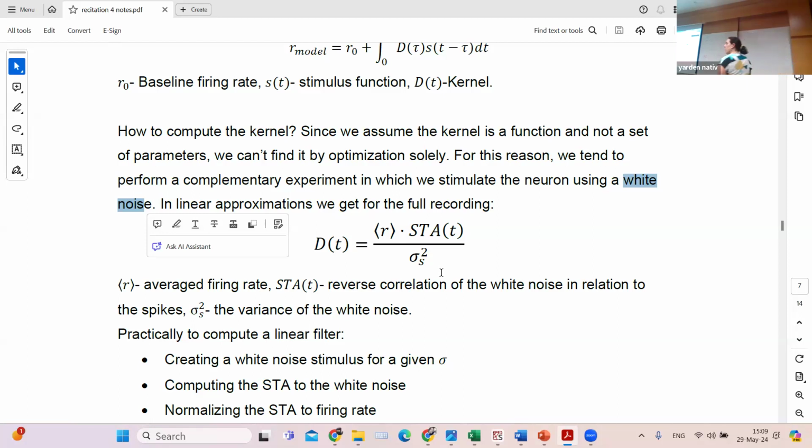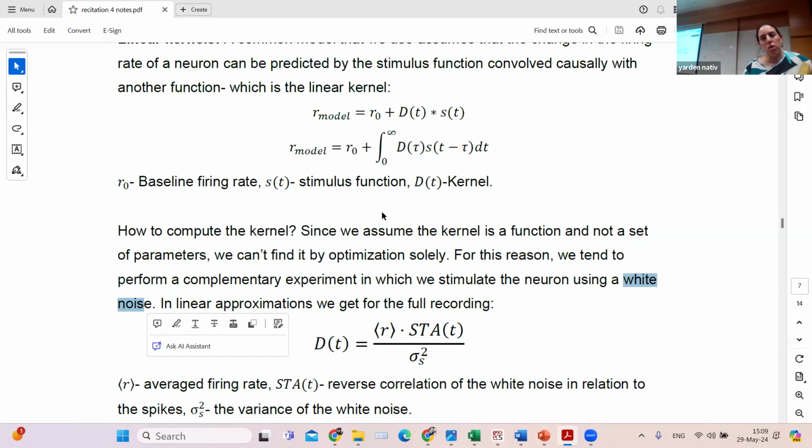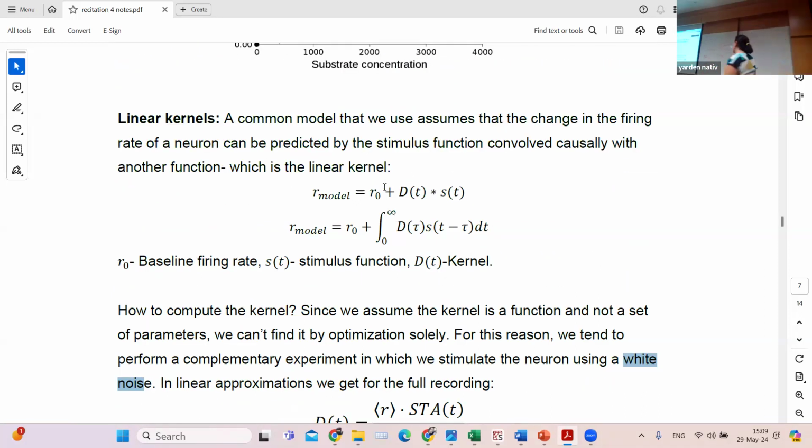You said that we don't have the nonlinearity. How do we decide if it's not linear? No, now we are looking only at the linear. This is called a linear equation because you have the stimulus, it is convolved with a kernel, and you add something linear to it.